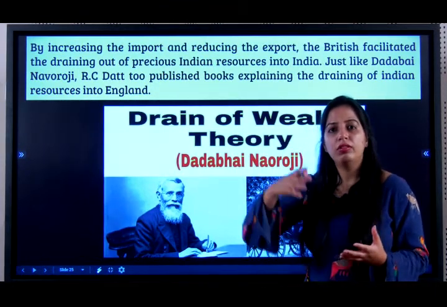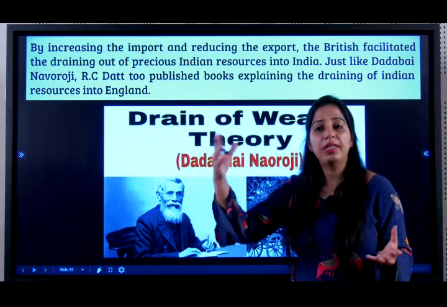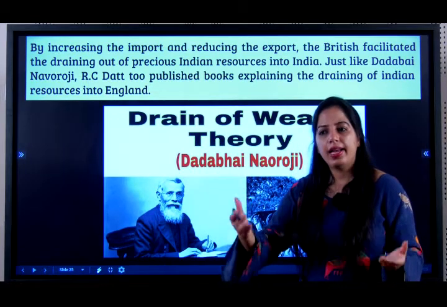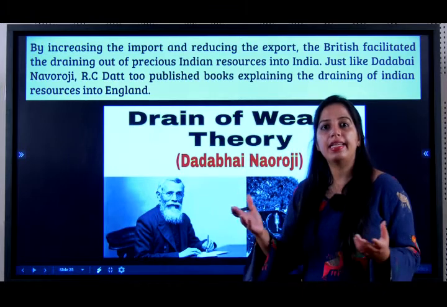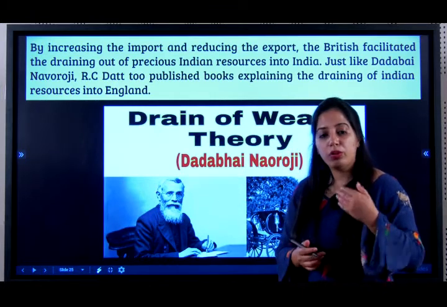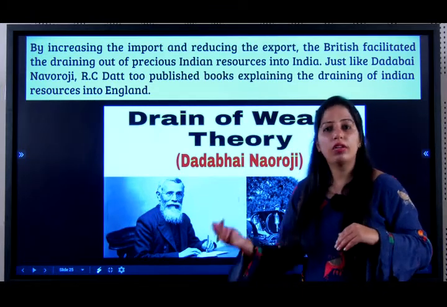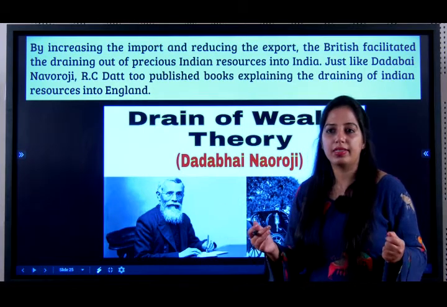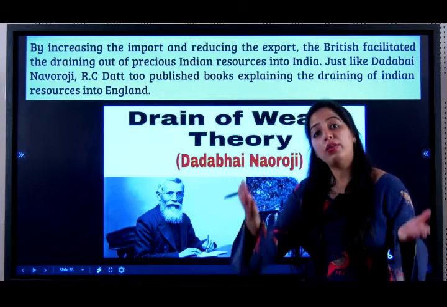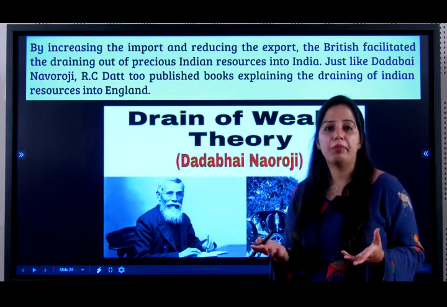And now, in England, the British made cloth, and that cloth was forcefully sold to Indians at a very high price. So you're forcing us to sell the cotton, you're not allowing us to make the cloth, which we can ourselves make at a lower price, and you're also forcing us to buy at such a high price.